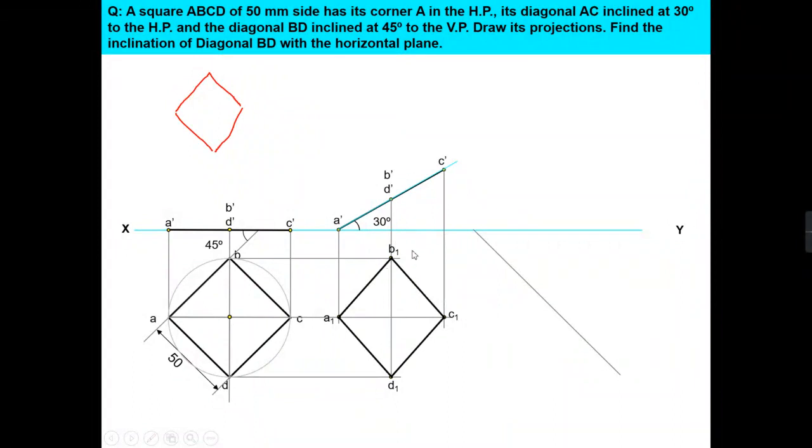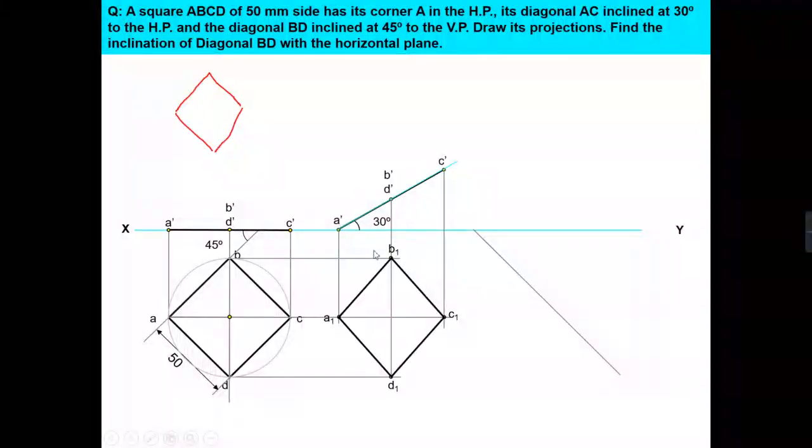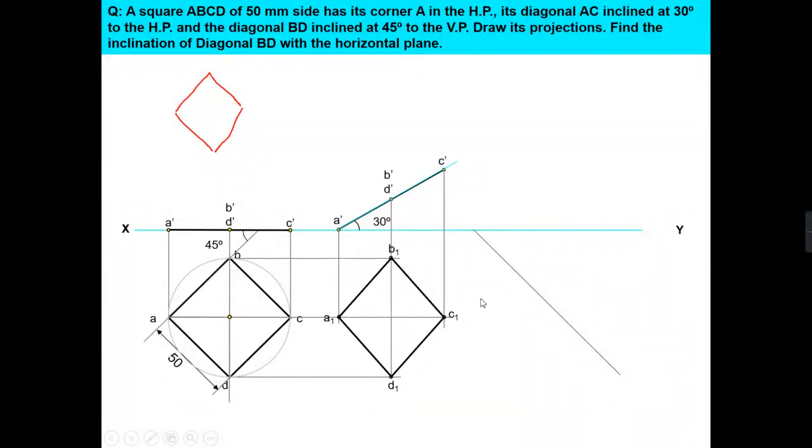I am pointing this out because you will see there is a difference if your diagonal has a different size than the previous. We will see it later in a few questions, then you will understand this point. So I can mark this diagonal on the inclined line, the length will be the same.